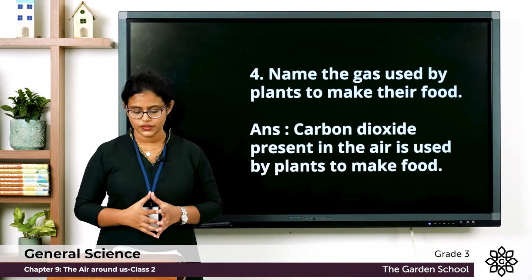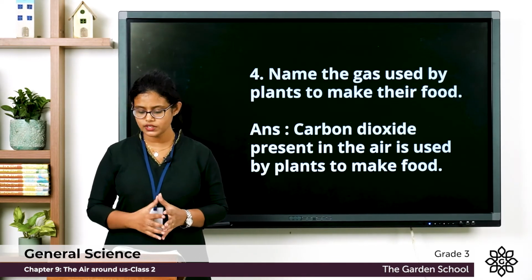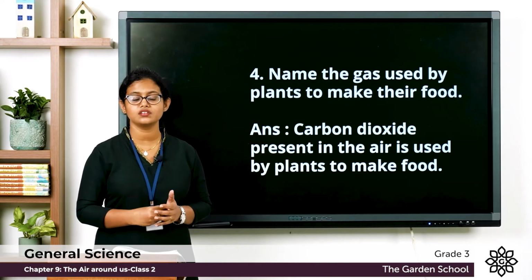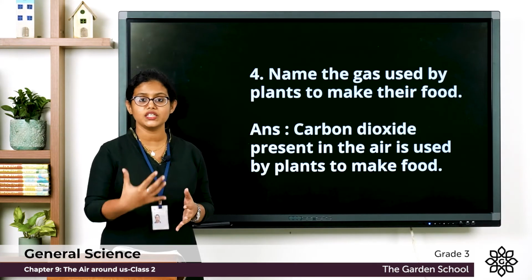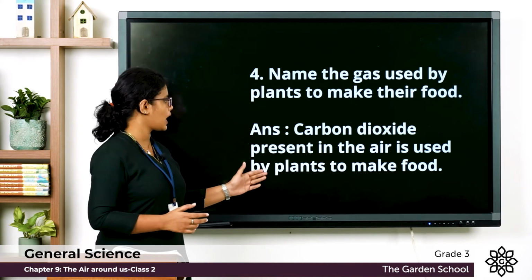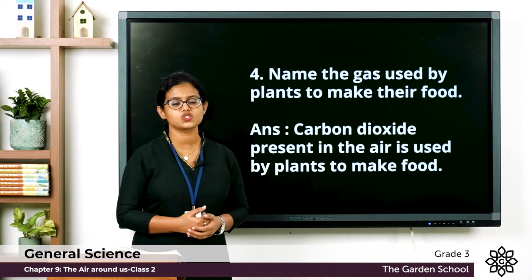Fourth one. Name the gas used by plants to make their food. We know that plants make their own food and they use carbon dioxide to make food. So carbon dioxide present in the air is used by plants to make food.